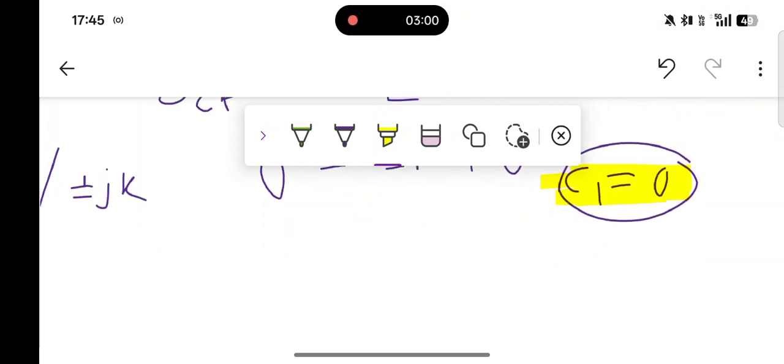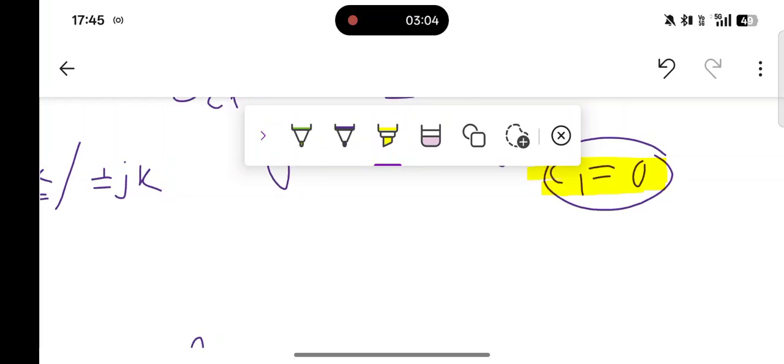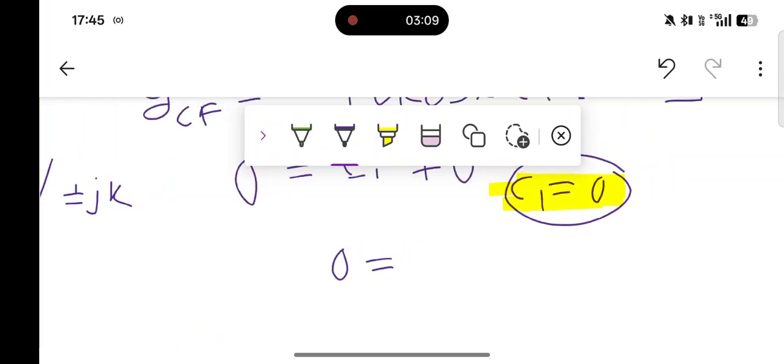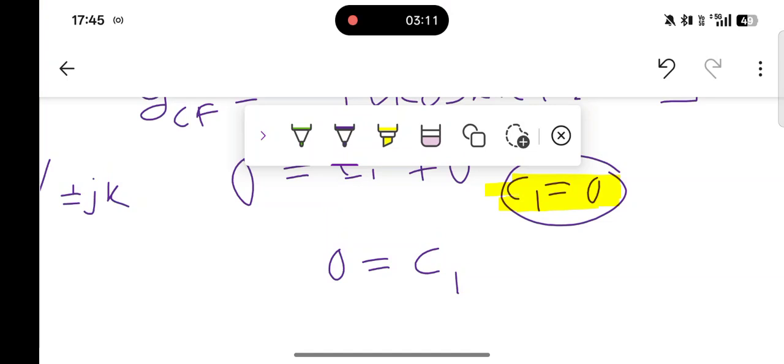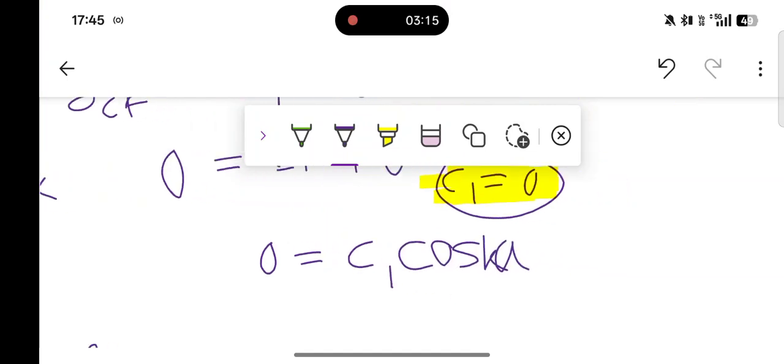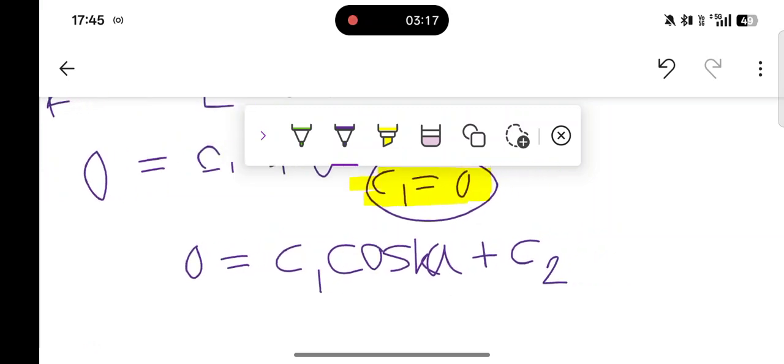Now when x is equal to a, then y is also 0. So 0 is equal to c1 into cos ka plus c2 into sin ka.